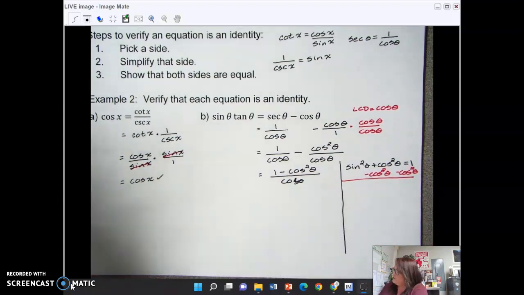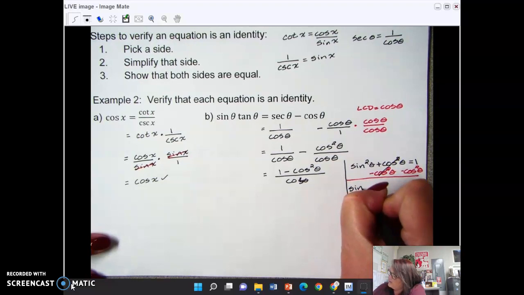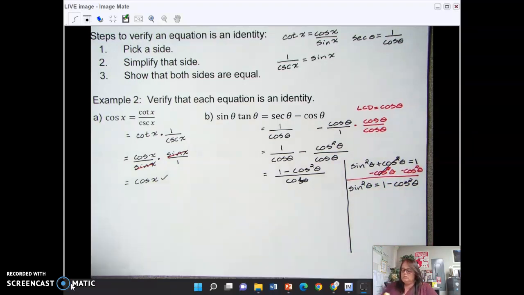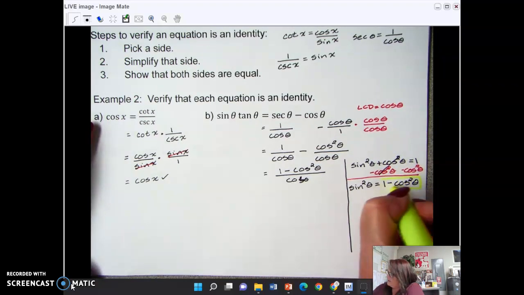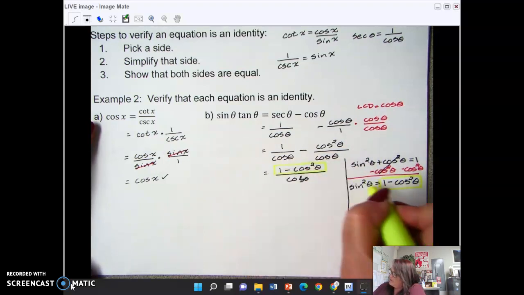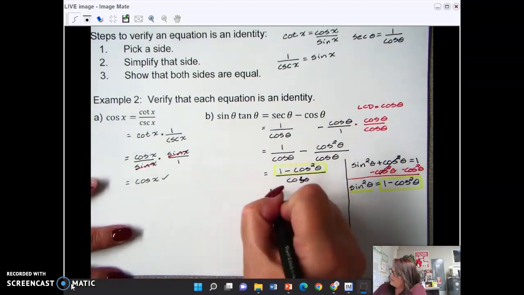So when I do that, on the left-hand side, these cancel, and I have sine squared of theta. And on the right-hand side, I have positive 1 and minus cosine squared of theta. So hopefully you can see that what we got here is identical to what we have here. And so I can replace it with sine squared of theta.